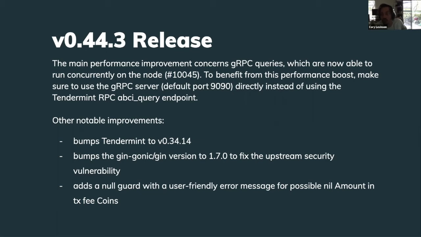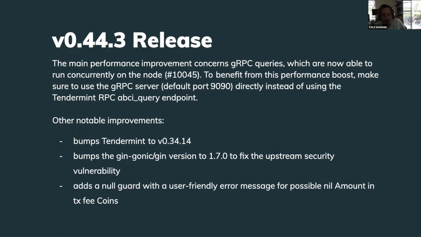Previously, that wasn't the case. And as of the 0.44.3 release, and this was something that a lot of client chains had been asking about, we now have support for concurrent gRPC queries when connecting directly through the gRPC server. It's important that if you're wanting to make use of these, you hit the gRPC server directly, because that's where the concurrency is happening, as opposed to using the Tendermint RPC ABCI query endpoint.